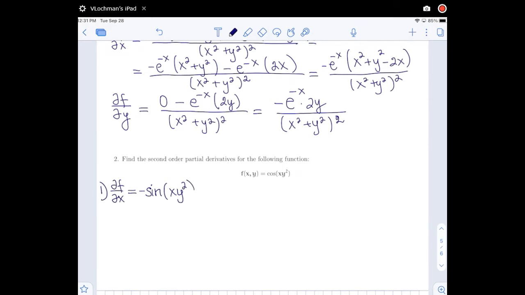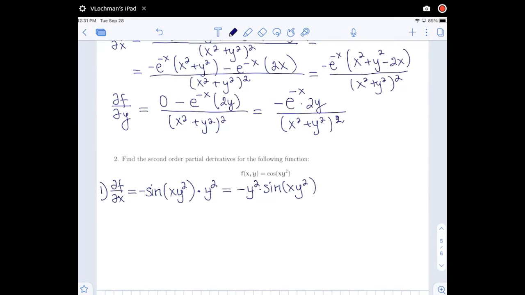And now we deal with chain rule, times the derivative of the inside with respect to x. That would be y squared. So my first partial with respect to x would be negative y squared times sine x y squared.